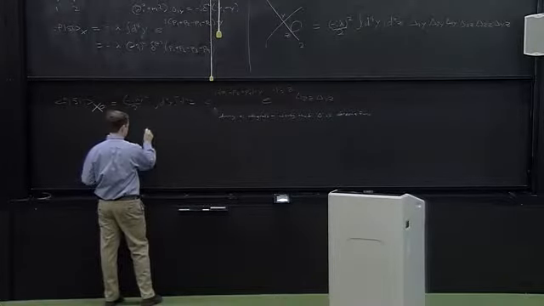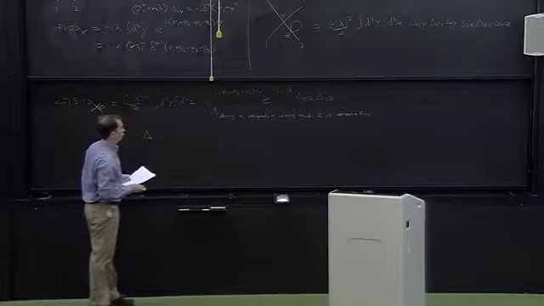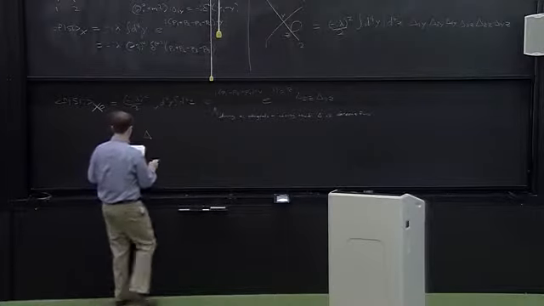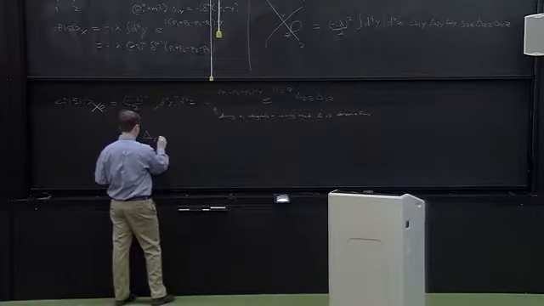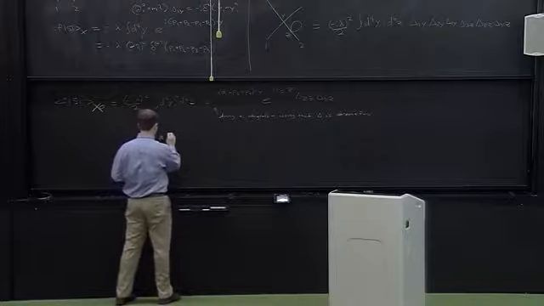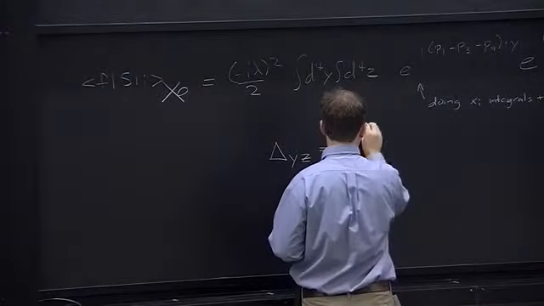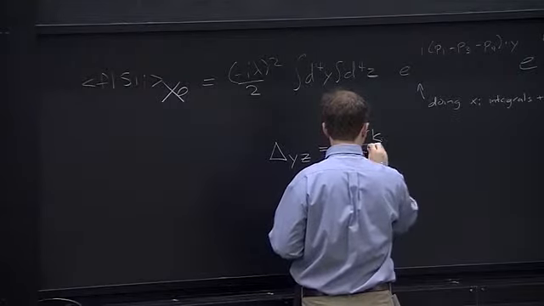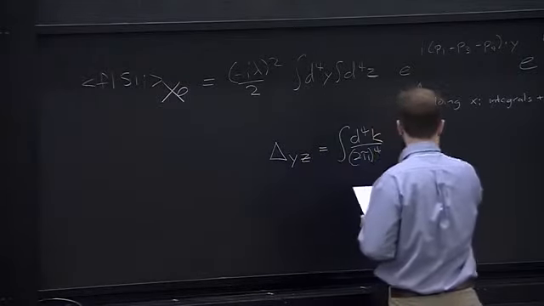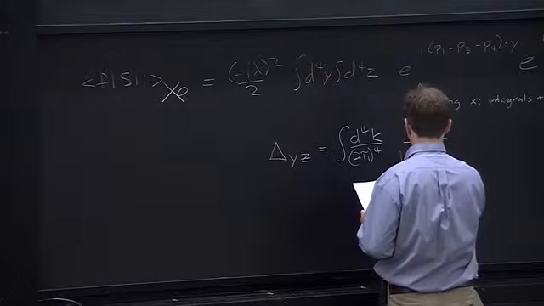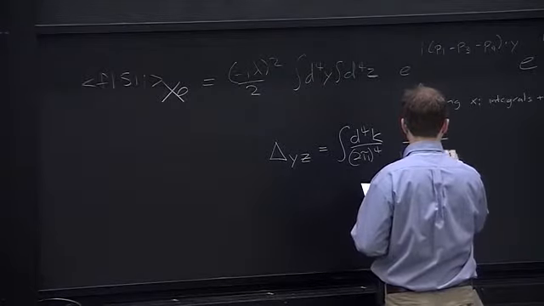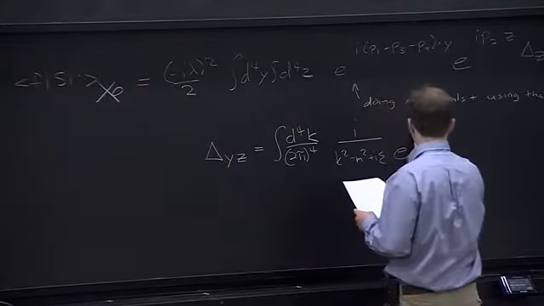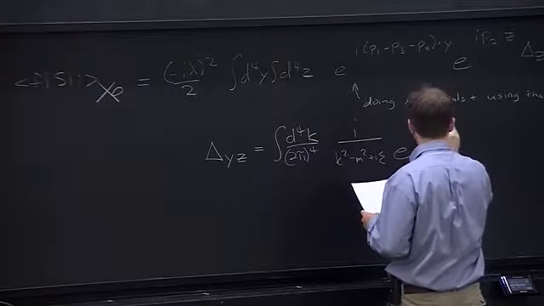Okay, so here it will be useful to use our result from one of the first lectures where we computed the Feynman propagator, and we found it's just the integral d^4k over (2 pi)^4 of i over k squared minus m squared plus i epsilon, times e to the i k (y minus z).